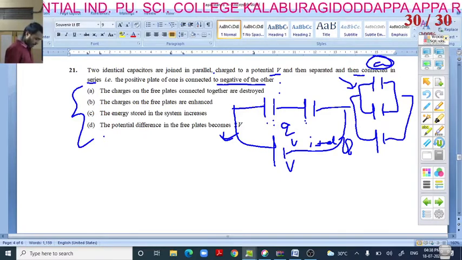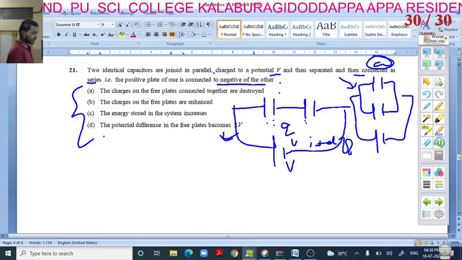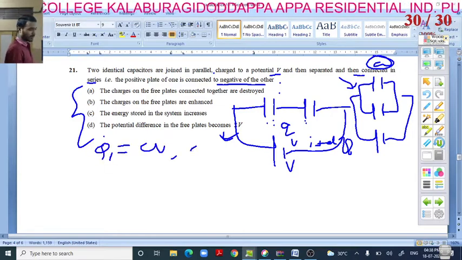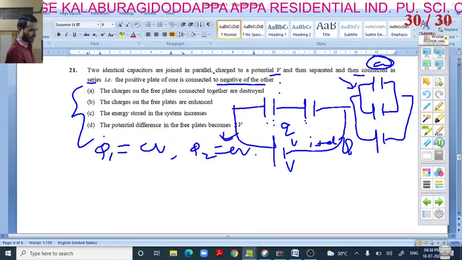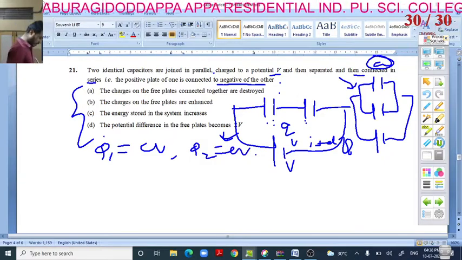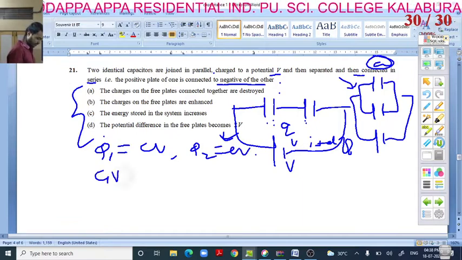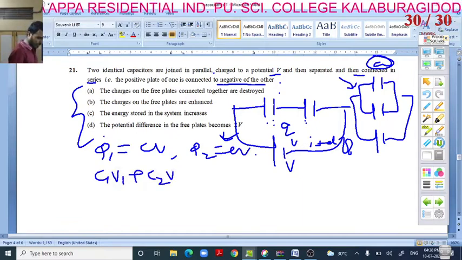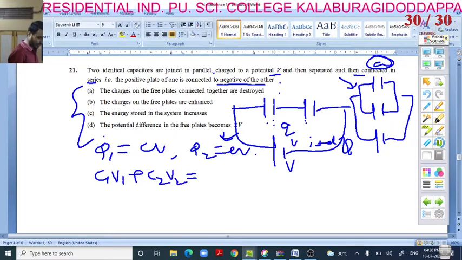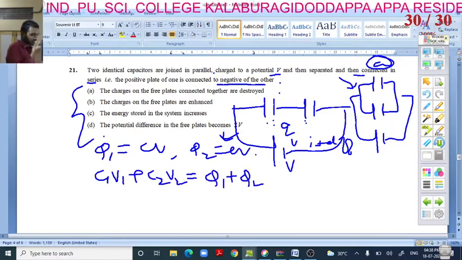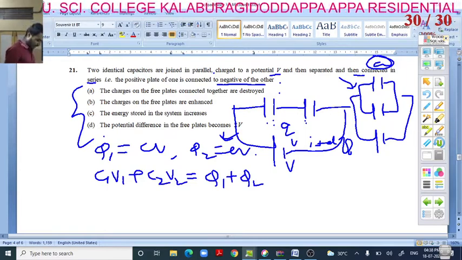Applying charge conservation, we know that Q1 is equal to CV, Q2 is equal to CV. Applying the charge conservation, C1 V1 plus C2 V2 is equal to Q1 plus Q2. This is charge conservation, right?